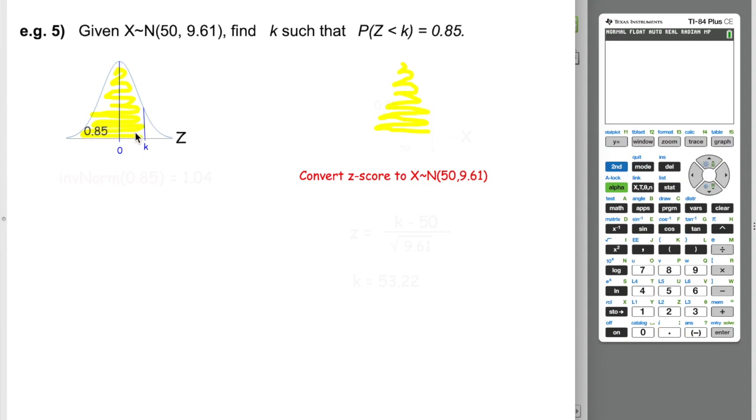So on the left here, we're curious to note that, well, if I translate the variable x onto a standard normal distribution, then anything less than the k value on z is going to cover the area of 0.85. So using this, I want to map that onto the actual x distribution.